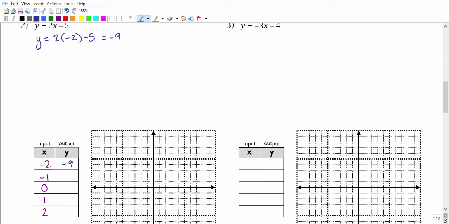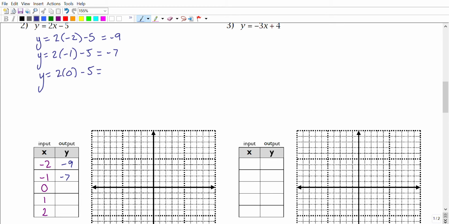So we keep going. We do the same thing: substitute the x value into our function and see what we get. 2 times -1 is -2, minus 5 is -7.